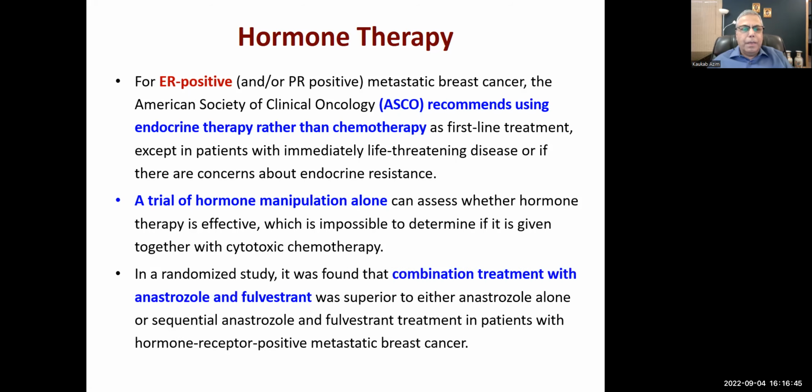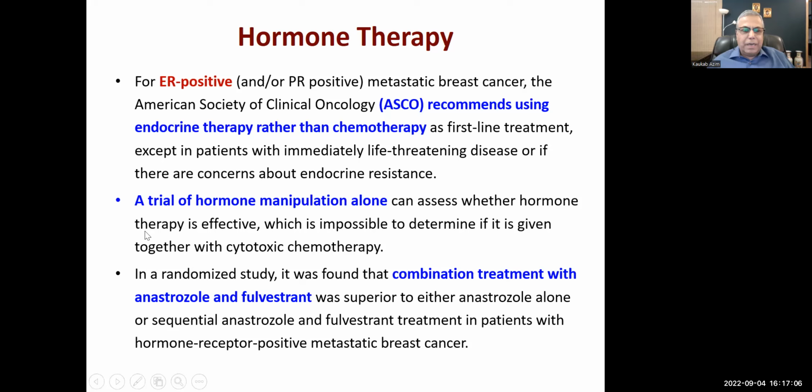In a randomized study, it was found that combination treatment with anastrozole and fulvestrant, you see, combination therapy, giving these two drugs together, is superior to giving either of them alone or giving them in sequence.